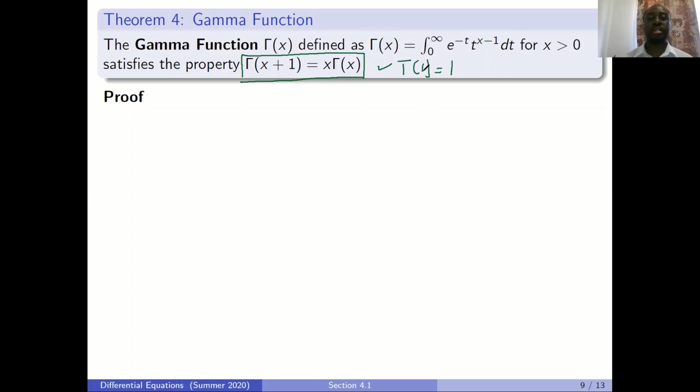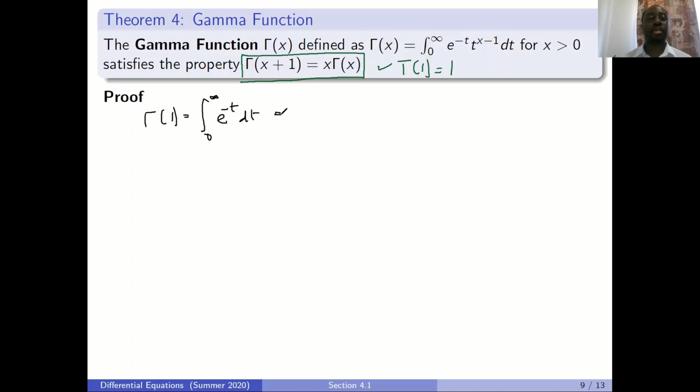Okay, let's deal with gamma of 1 first, because that is more straightforward. So by definition, gamma of 1 is the integral from 0 to infinity of e to the minus t, and since x is 1, this is just dt.